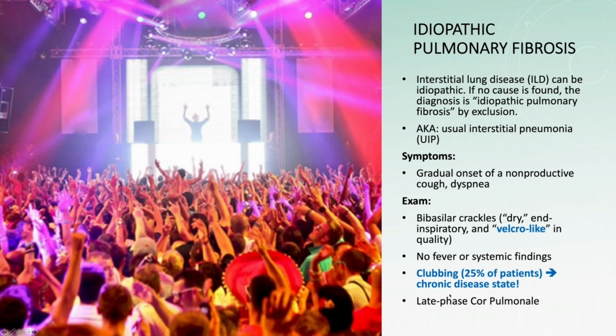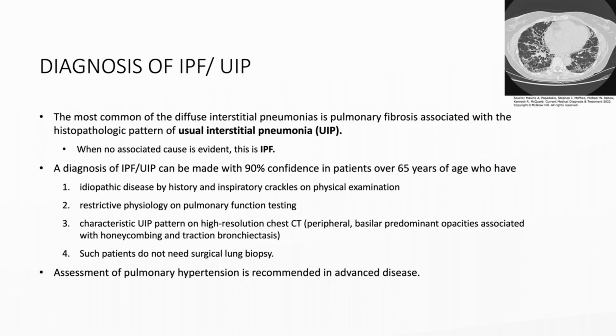Clubbing is seen, and in late phases, because of the chronic fibrosis of the lungs, we get shunting of blood, higher pressure in the lung system, which backs up to the heart, which causes hypertrophy of the right ventricle, which then causes filling defects, and it backs up, and we get essentially right heart failure, and that's termed cor pulmonale because the right heart failure is coming from the lungs and not the heart itself. We'll talk more about cor pulmonale when we get to the vascular lung disorders.